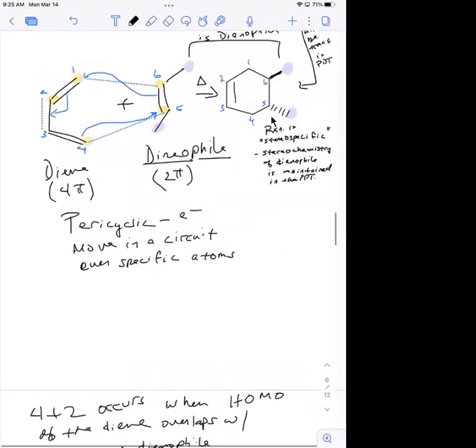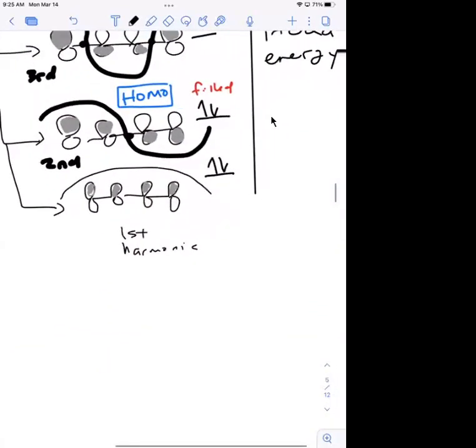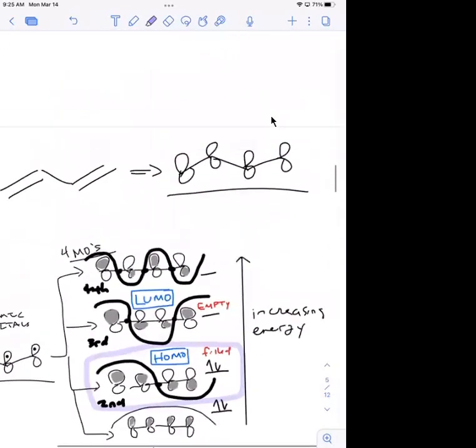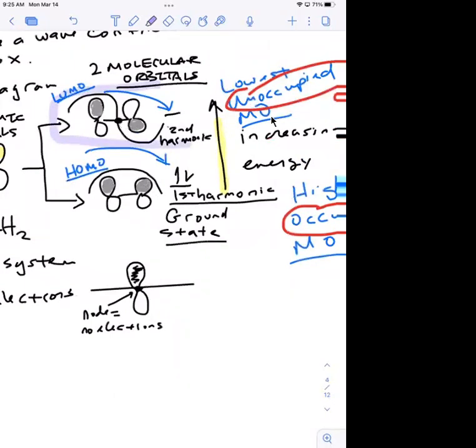Because when we look at the HOMO of the diene, it has a pair of electrons to donate. And if you look at the LUMO of the dienophile, it's empty.